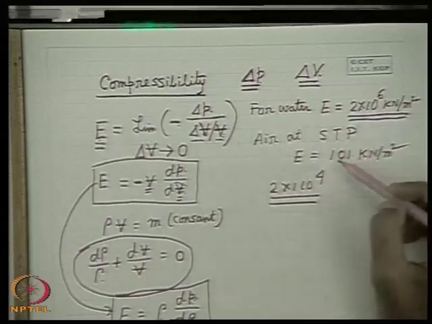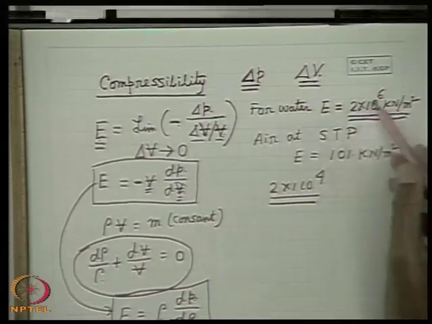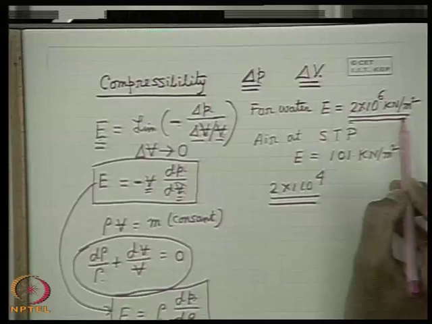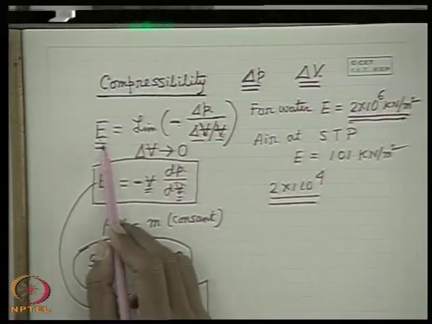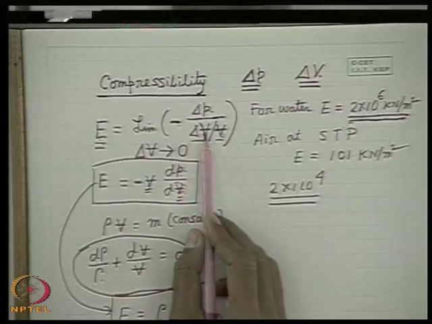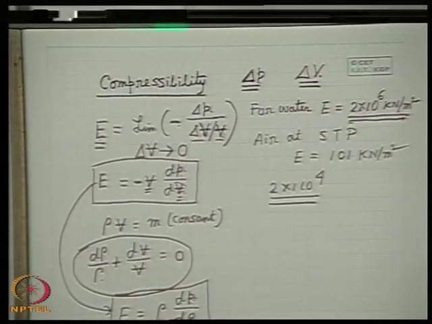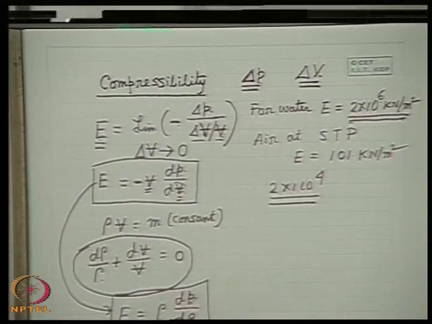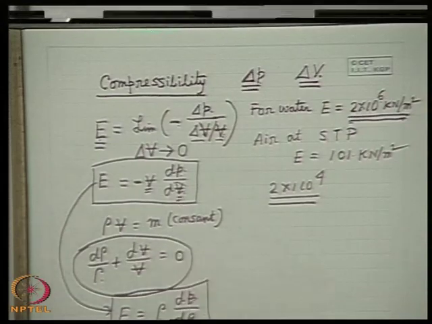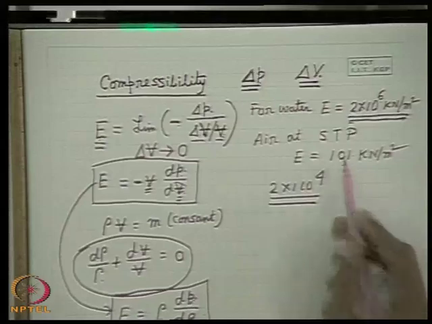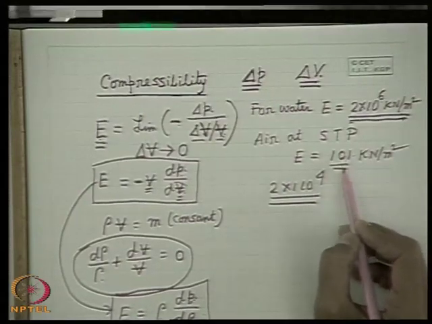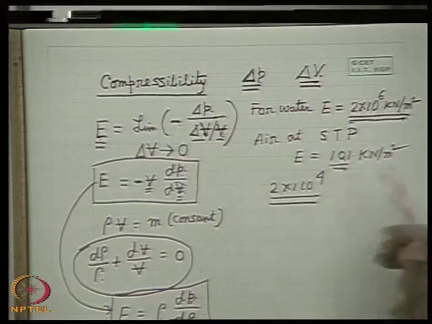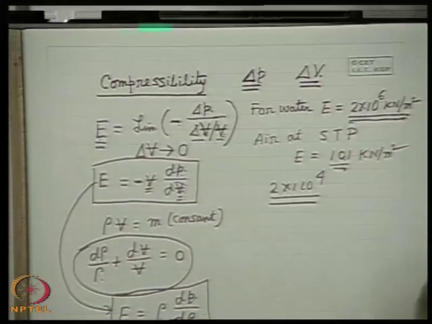Such a high value of E for water does not allow water to shrink in volume or change in density by application of pressure. A huge pressure difference is required to cause a very small change in volume or density. Whereas in case of air, it is just the reverse, because the value of E is very less for air. So the less the bulk modulus of elasticity, the more is the compressibility of the substance.